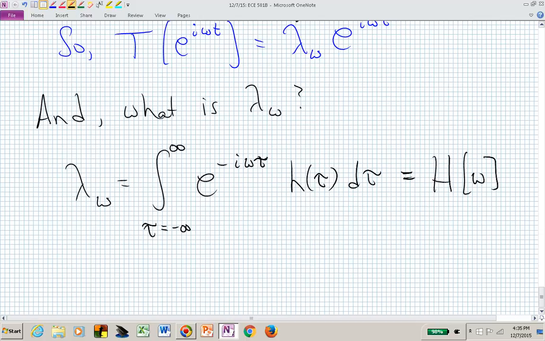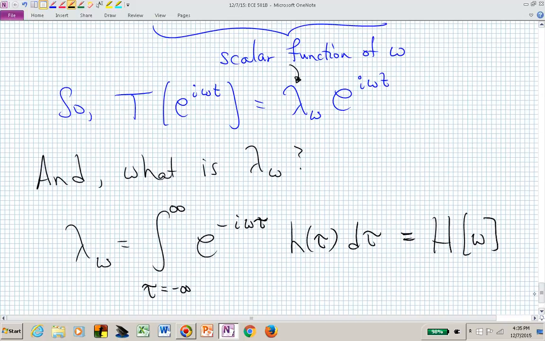And that's now how you will be shaping the input x, or the eigenfunction e to the i omega t for a fixed omega. Now you apply a fixed omega to your system, and this integral relationship tells us how that system is going to respond at that particular omega.